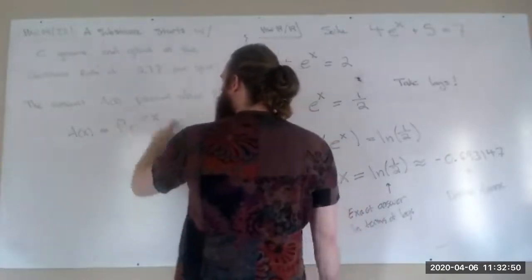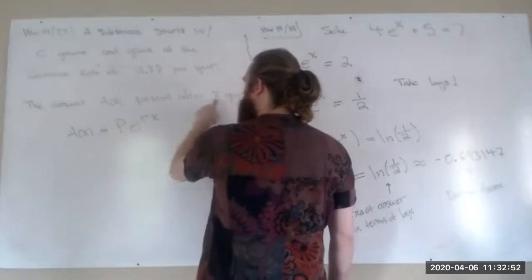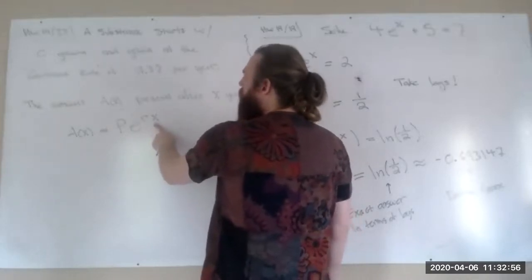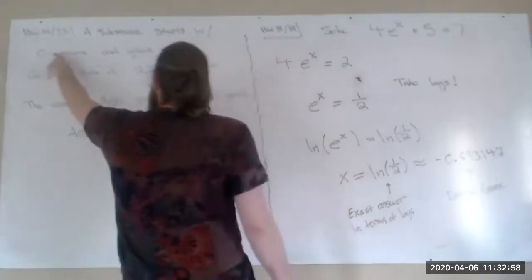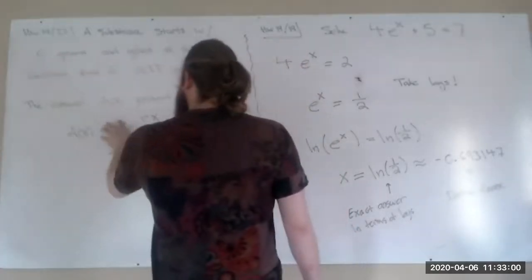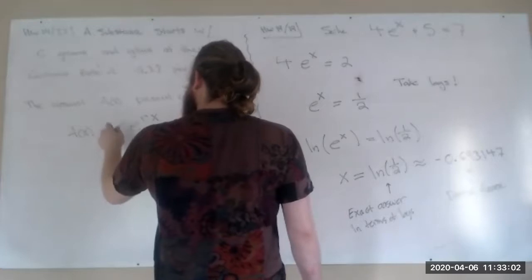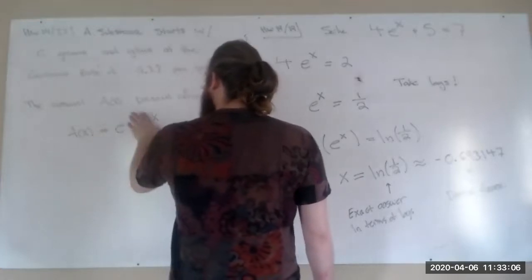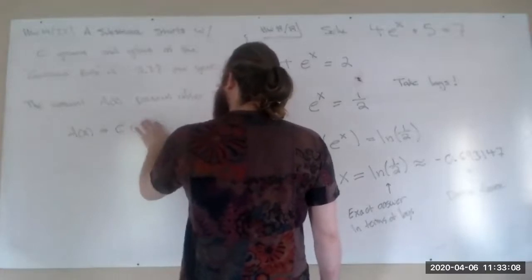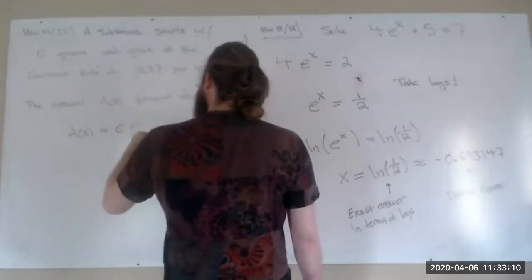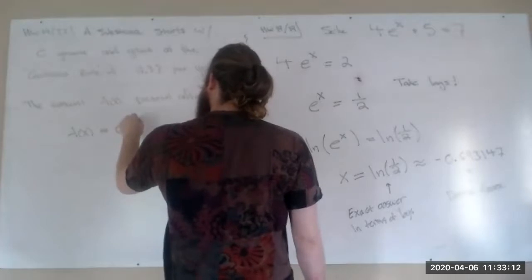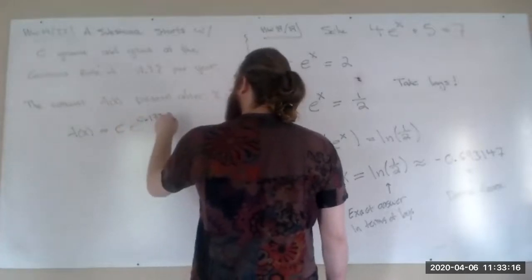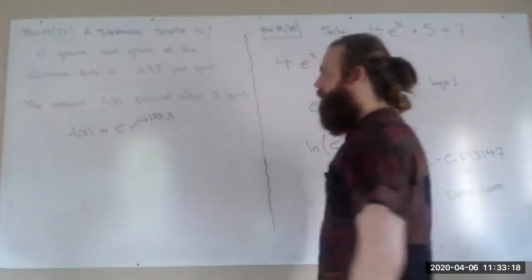Remember, it's the same as the PERT formula, only here we're using our variable X instead of T. The initial amount is C grams, and they haven't told us what C is, so P is just the constant C. R, they have told us. This is growing at a rate of 17.3% per year, so that's 0.173 for R. And then X is my variable, so it's just X.